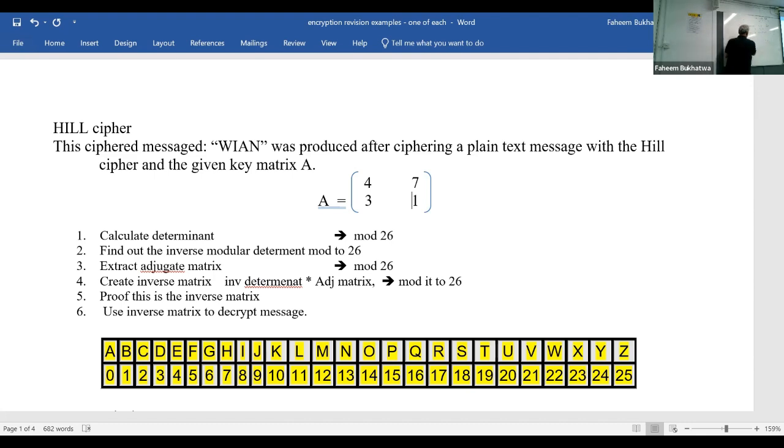For example, I know it's 3, so 9 times 3 is 27. Mod 26, that's divided by 26 is 1, and the remainder is 1, and that's it. There's only one of them between 1 and 25, and it has to be an odd number, except 13. So the inverse of 9 is going to be 3, so for the inverse matrix, its determinant is going to be 3.